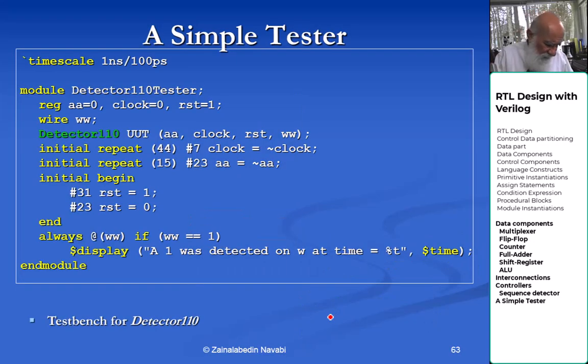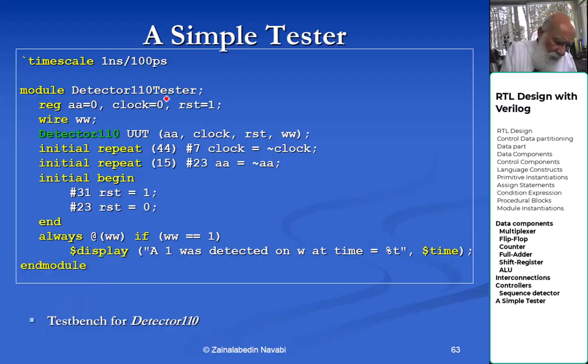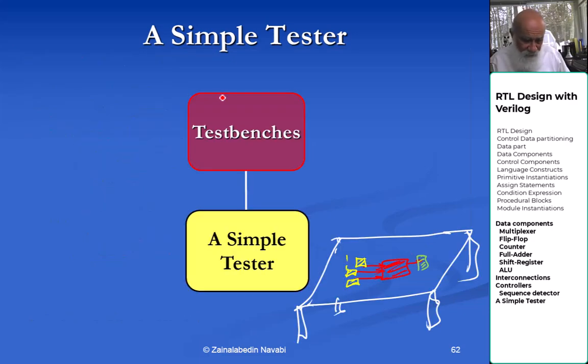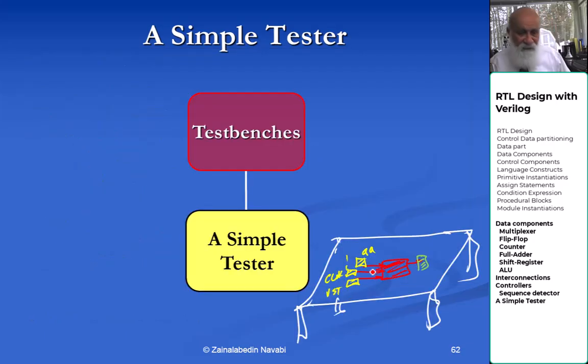So you are seeing that I have AA declared, clock declared, RST declared as reg, and then giving them value 001 initially. Okay, so what it means is here is a thing that is called AA. Here is a thing that is called clock. Here is a thing that is called RST, and they're receiving their initial values.